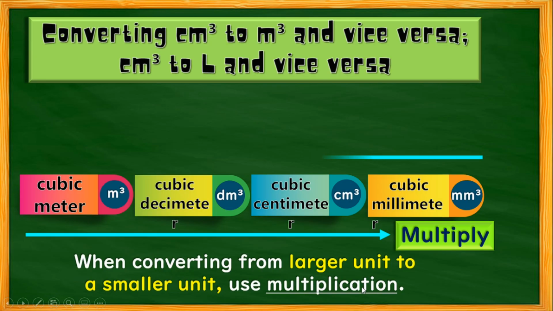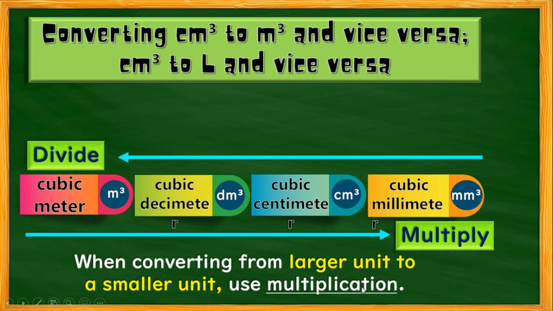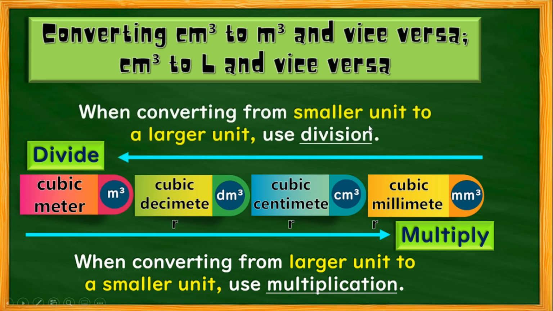Now, if you're going to convert a smaller unit to a larger unit, use division. Again, if you're going to convert millimeter to decimeter, we're going to divide it. If I'm going to convert meter to centimeter, we are going to multiply it.